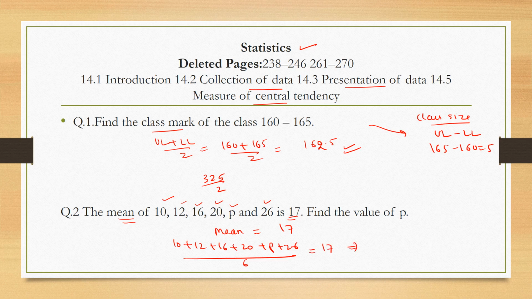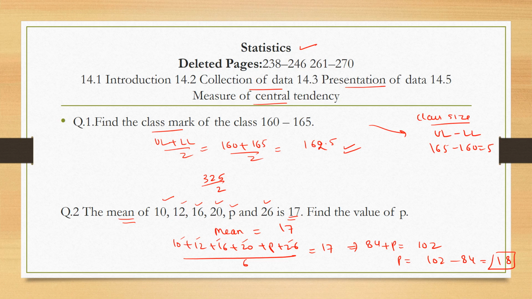So the sum is 102. Now P becomes 102 minus 84, that is 18. So this is your answer, right?